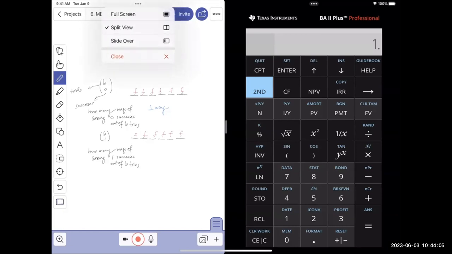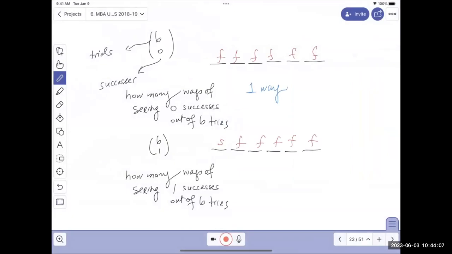What about the other question? How many ways are there of seeing one success out of 6 tries? Here's one way. When all else fails, you just start looking for patterns. Another way of seeing it would be this, that's the second way.